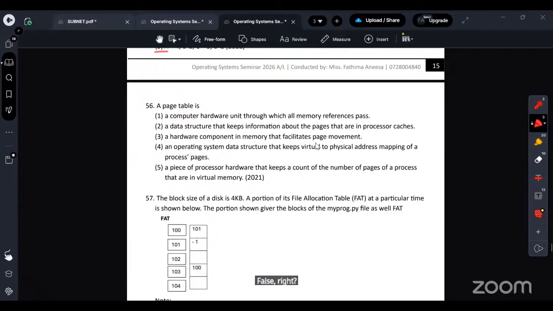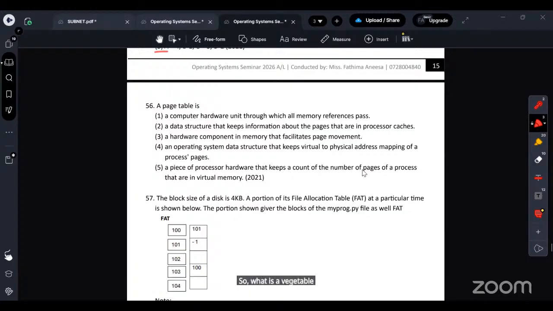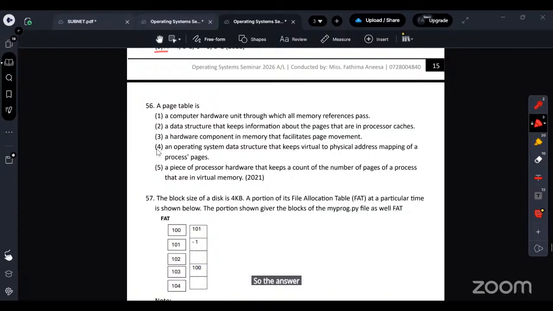A data structure that keeps information about the pages that are in process caches? No, that is also false. A hardware component in memory that facilitates page movement? No, it's not a hardware component. So what is a page table? It is a data structure maintained by the operating system that stores the mapping between virtual address and physical address. So the answer is the fourth one.